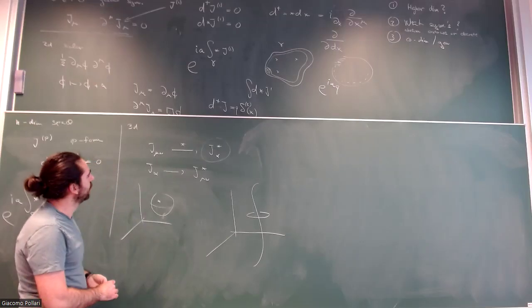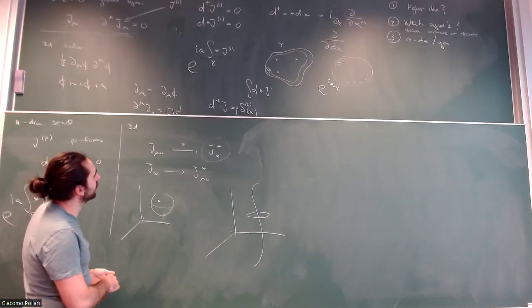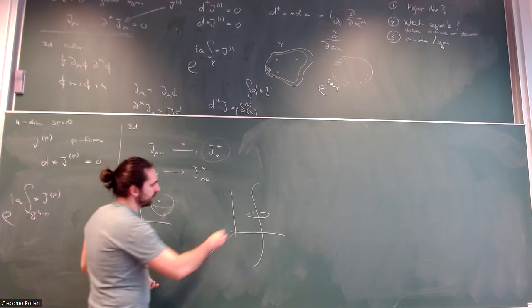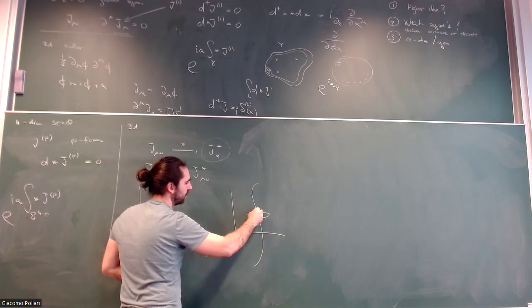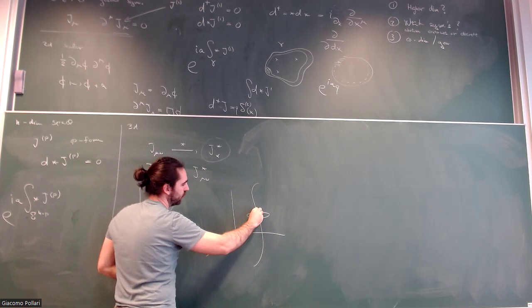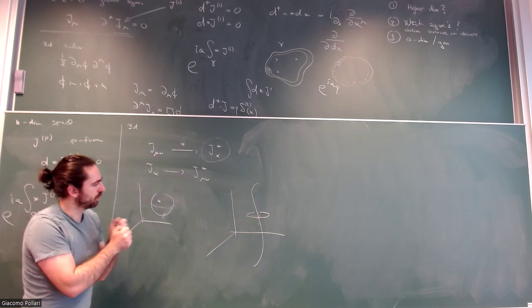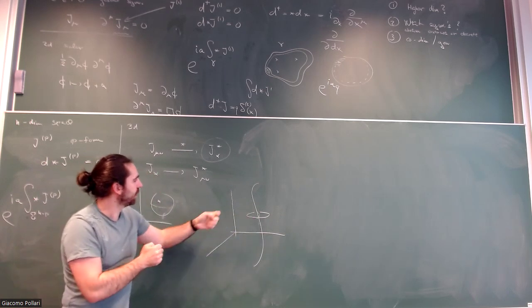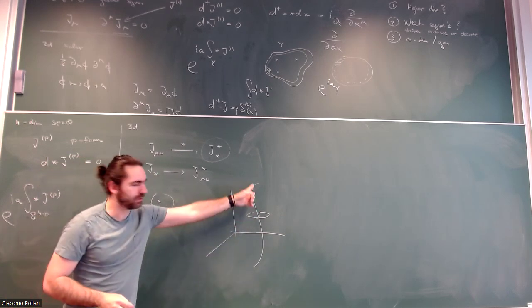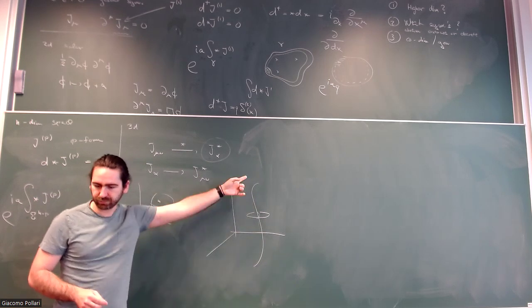Now the insertion is what will be a two-dimensional delta function. And then once I pull this away from my line, I will read off the charge of this line operator. Okay.